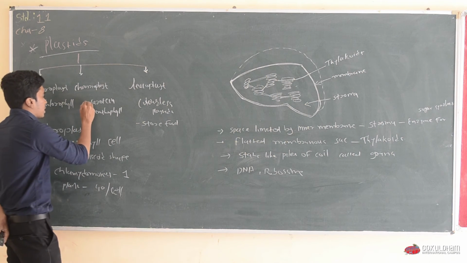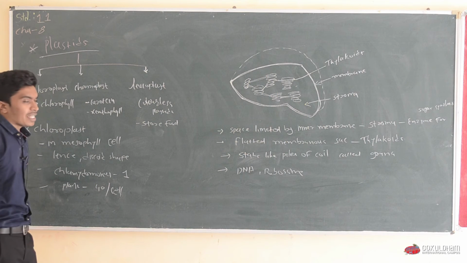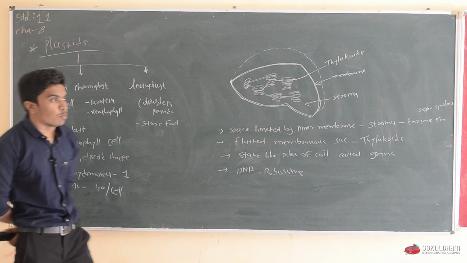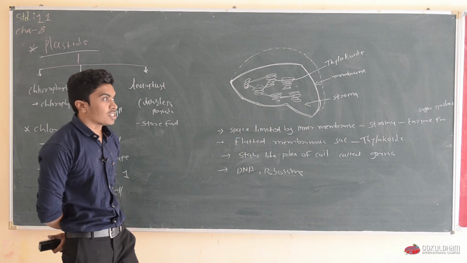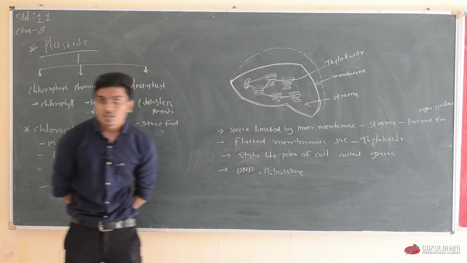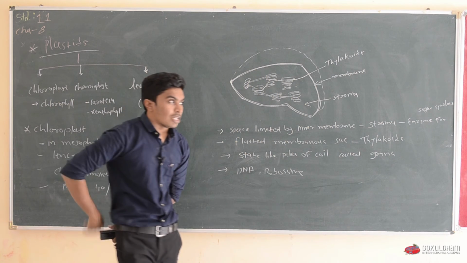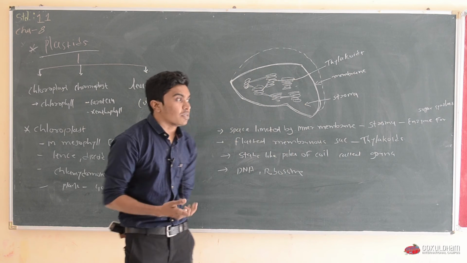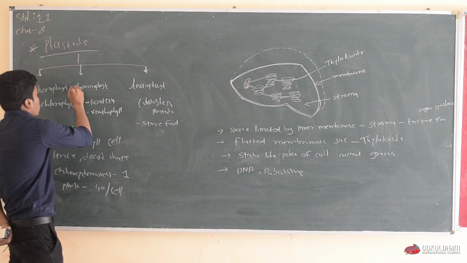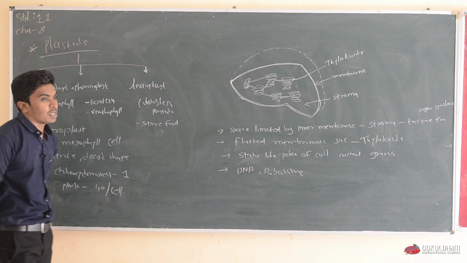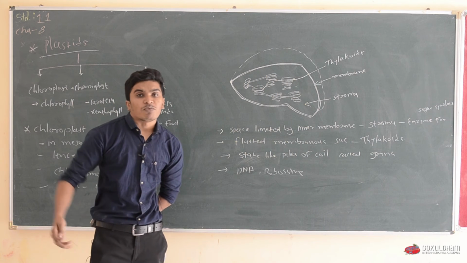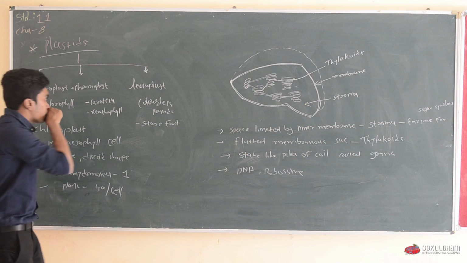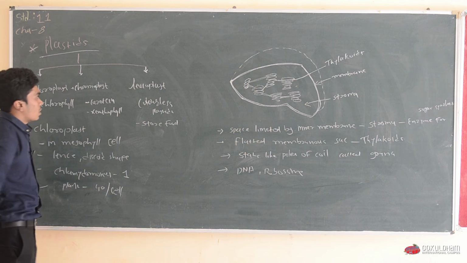The another plastid is chromoplast. The chromoplast contains carotene and xanthophyll. This chromoplast is responsible for production of different colors like yellow, light green, red and others. So this chromoplast is responsible for different shades of green color in a leaf. And the third plastid is leucoplast.